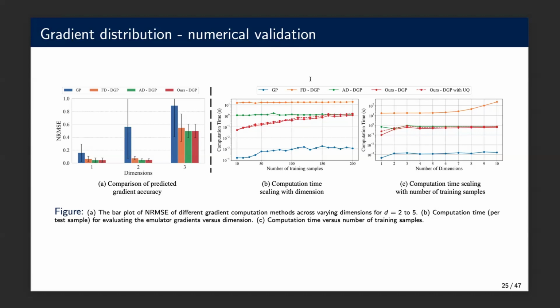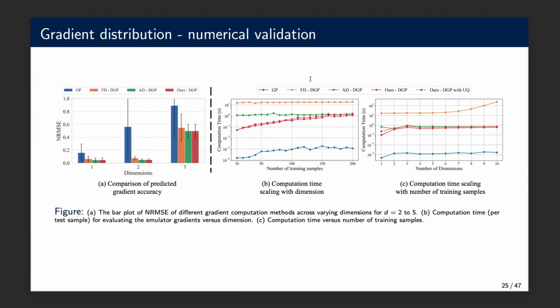The green one is the automatic differentiation implementation of the deep Gaussian process. With a low number of training samples, most of the time is spent creating the computational graph of the deep GP. That's some process of the AD. But as the training samples increase, it becomes very efficient because most of the time is spent in the inference rather than creating the computational graph.